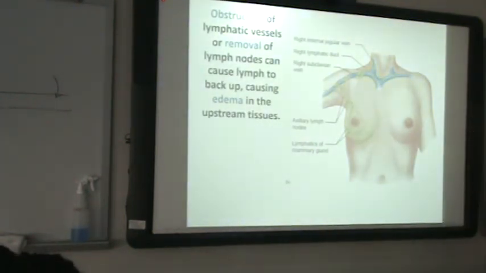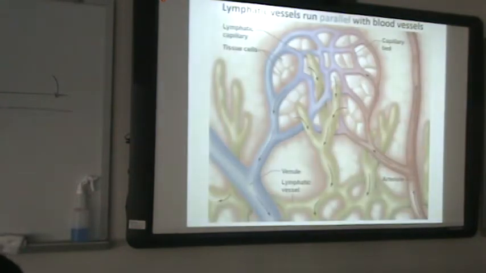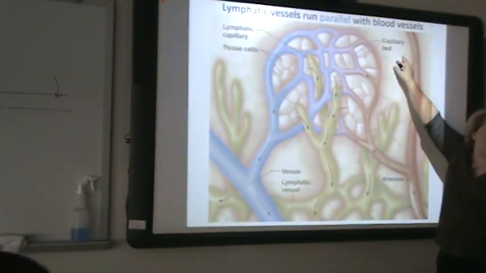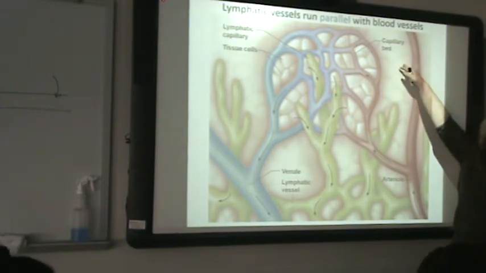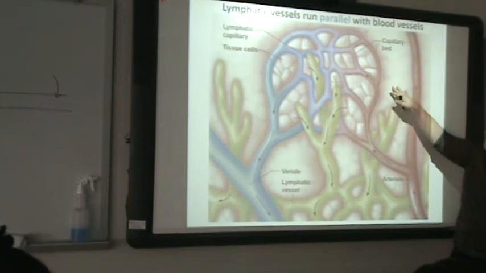So let's go back a couple slides here. Okay, so imagine that there's cancer growing here, and maybe one of the cancer cells breaks off, and it's now kind of in the tissue fluid.